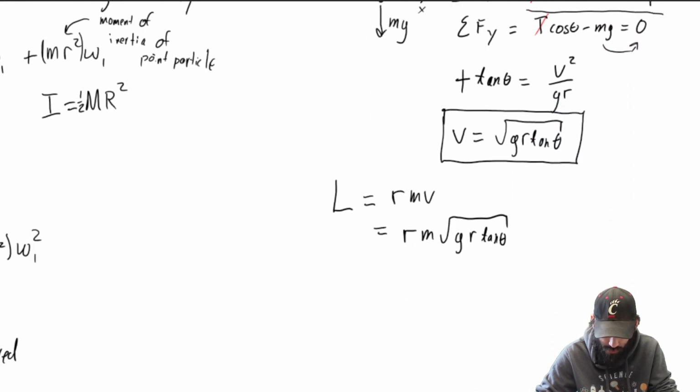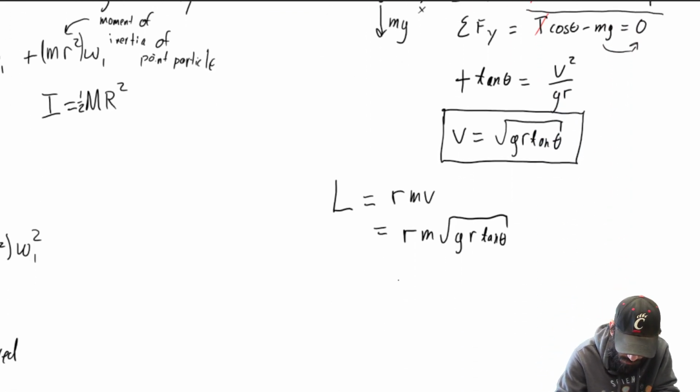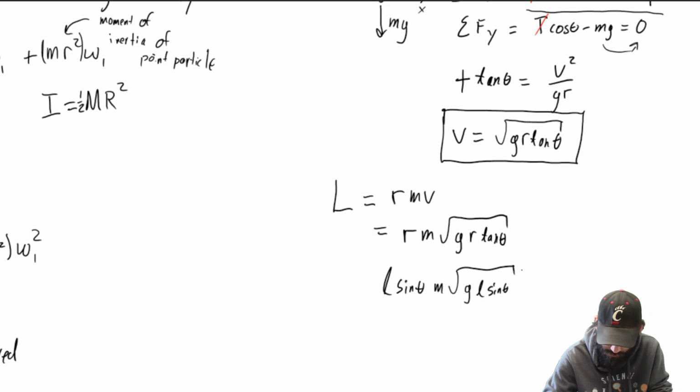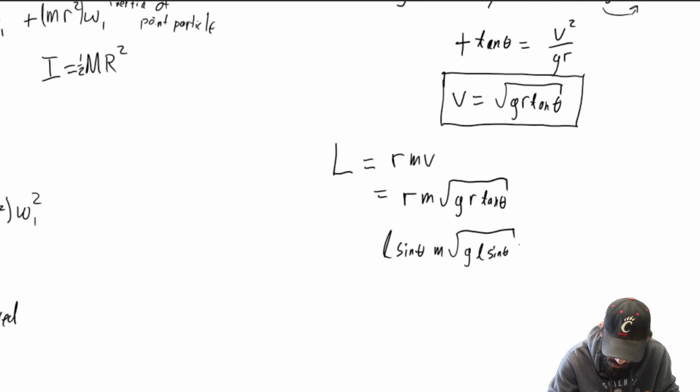And so when we do that, we end up having L sine of theta times m times the square root of g times L sine of theta, sine of theta times tangent of theta.